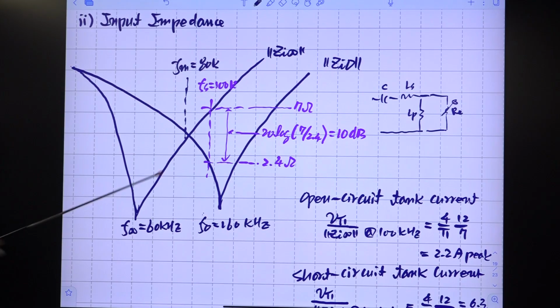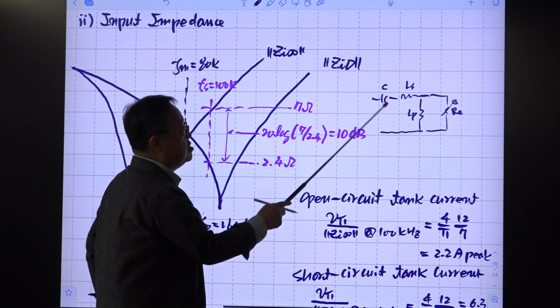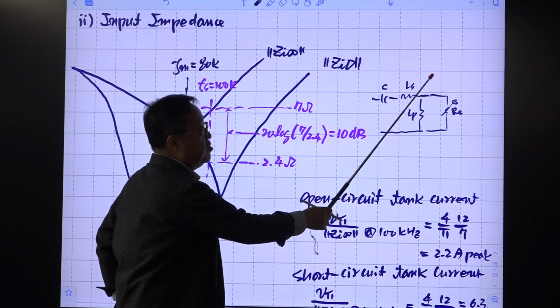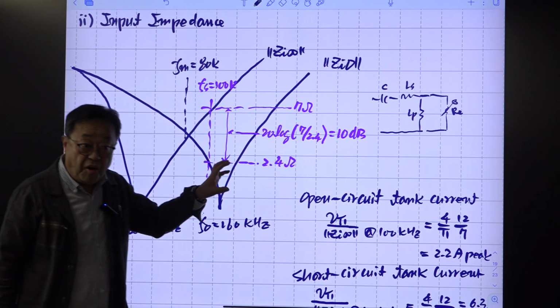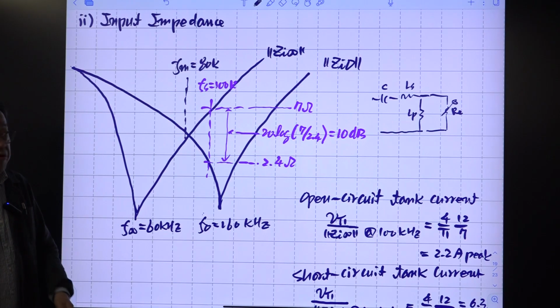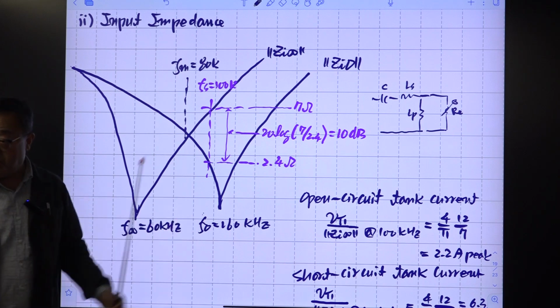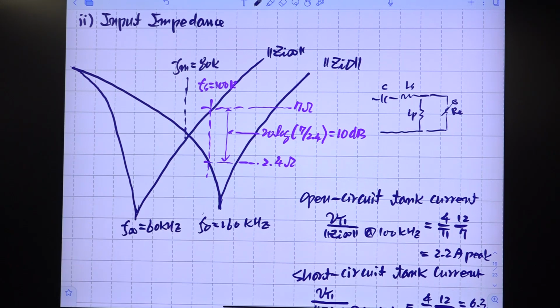Then the input impedance with this shorted is the series connection of the three reactive components. So you can easily evaluate the magnitude, taking the real part and imaginary part, and taking the square root of each term. So you need to calculate this.